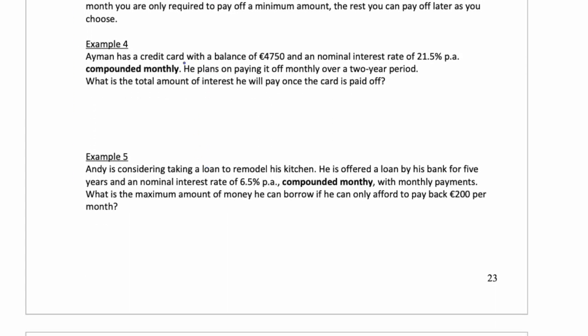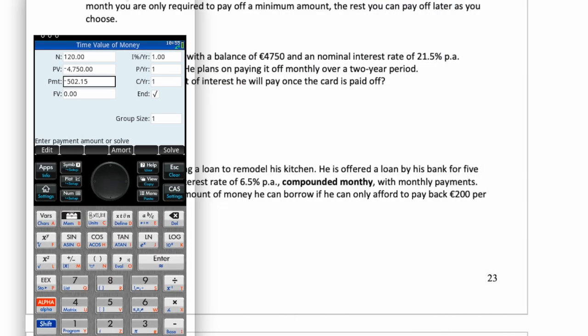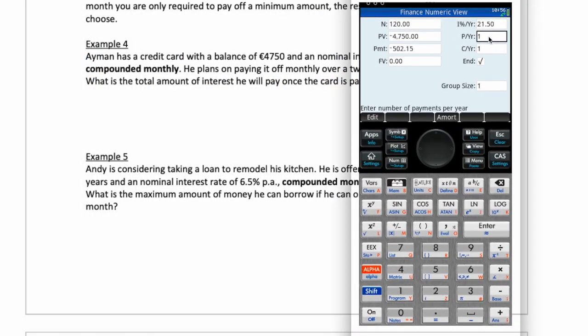Okay, next we got Amin has a credit card balance of $4,750. Okay, so that's something he owes. Let's put that as a negative number, 4750. Paying an interest rate of 21.5 per year, compounded monthly, so I'm going to put this to 12.